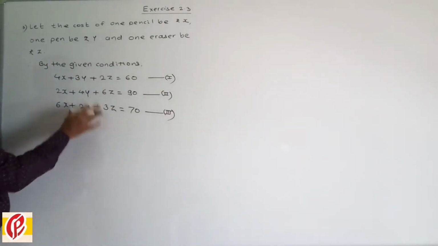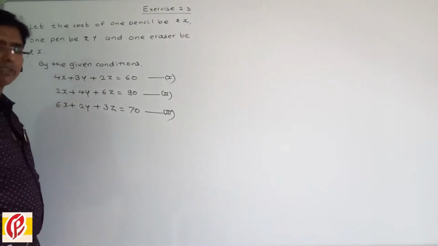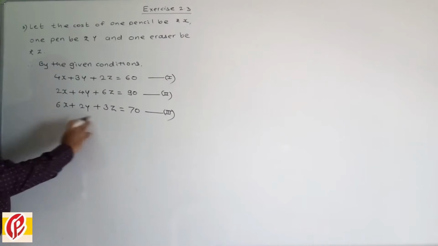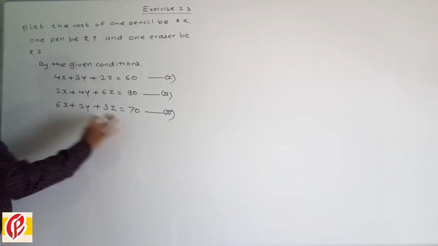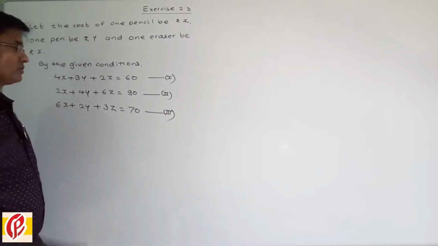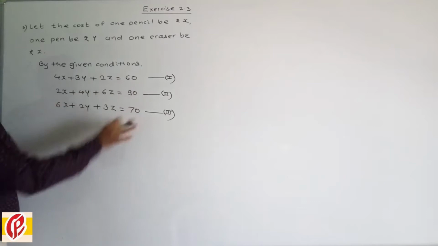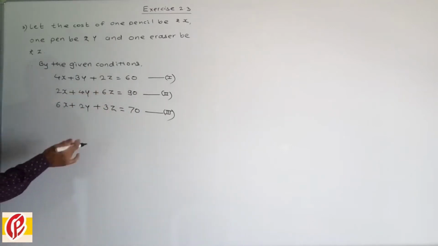Now what is our first step? We have to solve these equations by the inversion method or the reduction method, but I am going to use the reduction method and that is very easy. So in the reduction method, what is the first step? The first step is to make the matrix of the coefficients of the equations.